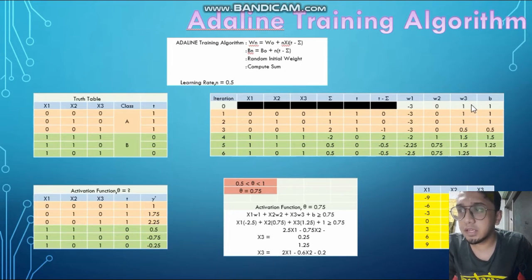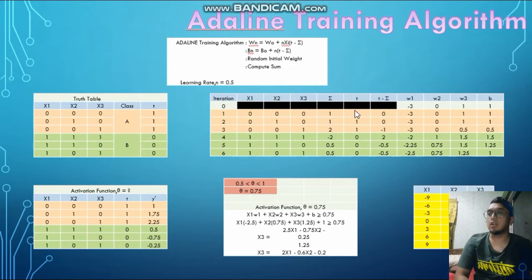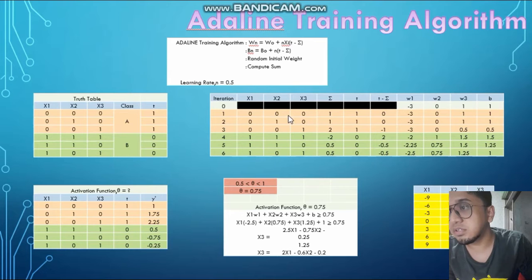Okay, before we calculate iteration number 1, we have to put the input x1 until x3, and then the number of t. So for x1, x2, x3 is 0, 0, 0, and then t we got from the truth table, which is 1.